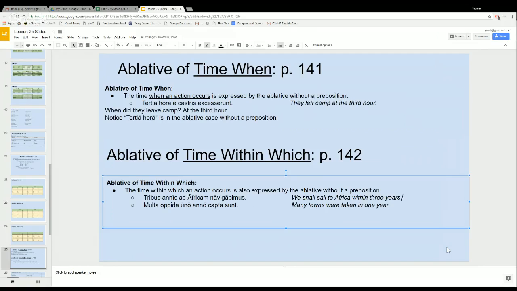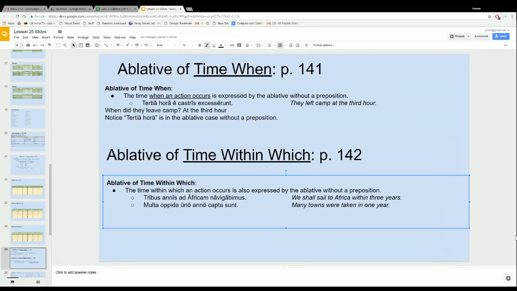That's the time within which we're going to sail. You see how when you go to do it, it flows naturally? That's just the way we speak. If we saw that, we'd say it's a time, and it's in the ablative. It's either going to be time when or time within which, and naturally you're going to know.